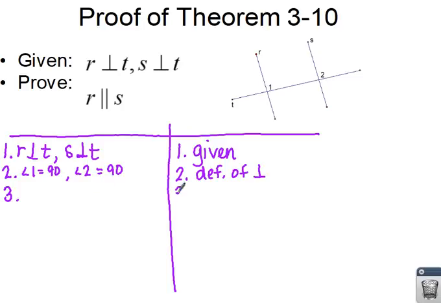Alright, next thing, if we know both of those are 90 degrees, aren't they congruent? So I can just go at it like that. And there's a theorem for this that says all right angles are congruent. It doesn't have a name, so we'll just state it because it's short. But it's all right angles are congruent.